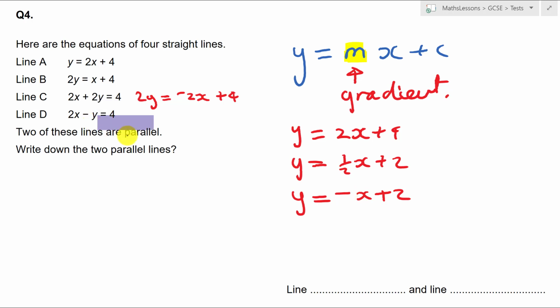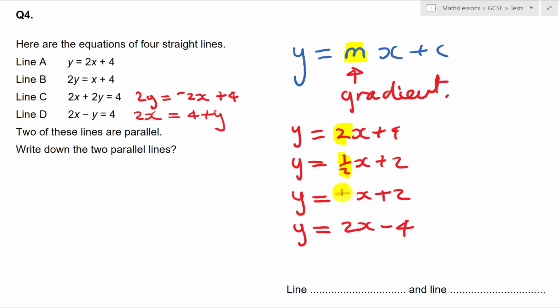Now on this one, the way I'd do this, I'd add y to the other side, so I get 2x equals 4 plus y, and then subtract the 4 to get the y on its own. So y will equal 2x minus 4. And which of these have the same value for m?